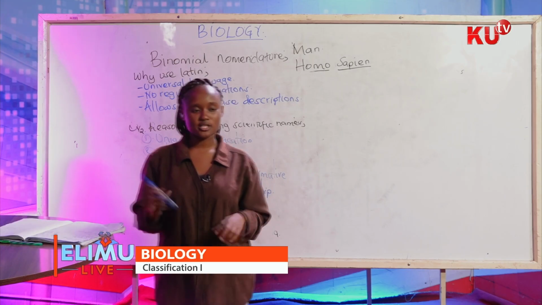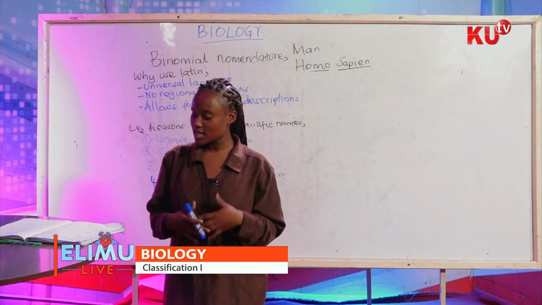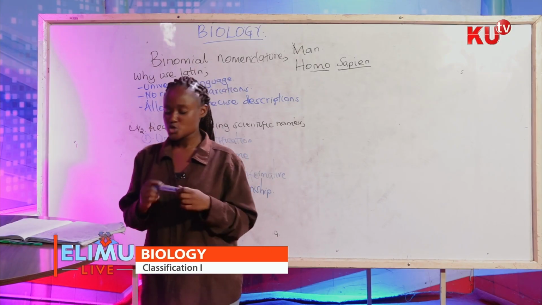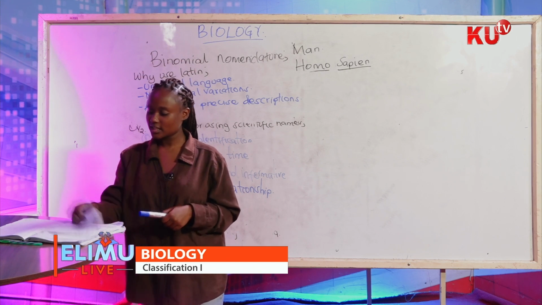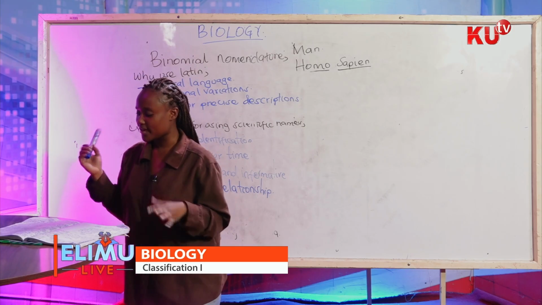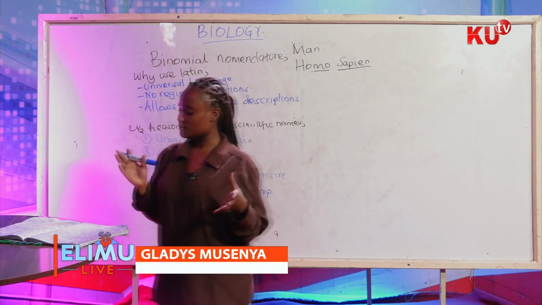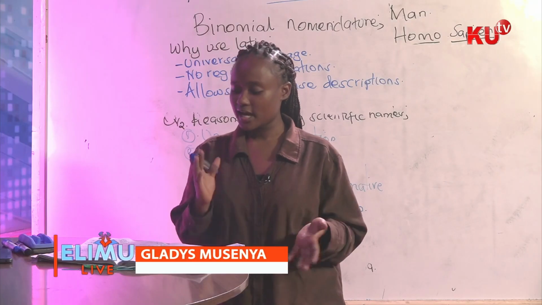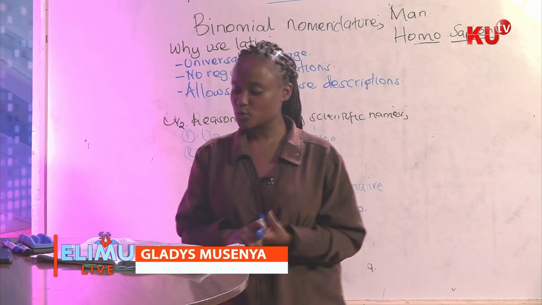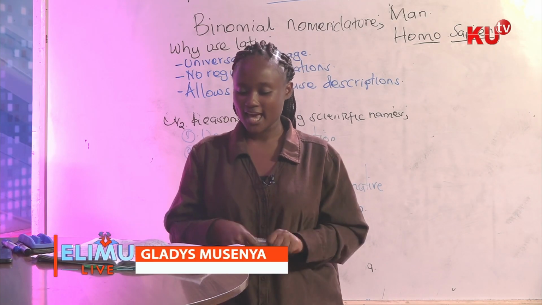Then we talked about why they are underlined, why we use scientific names and why we also use Latin. From the kingdoms, the external features of the organisms: in animals, the limbs, body covering, the shape; in plants, the roots. And that is our classification 1.